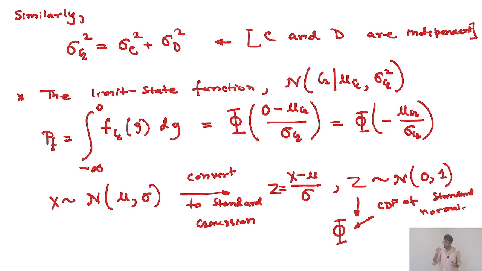Now here there is an important term that I can see, which is mu g by sigma g. That ratio is very important, and that ratio has a name. It is known as the reliability index, or to be more specific, Cornell's reliability index. There are other forms of reliability index. This is known as the Cornell's reliability index based on whoever developed it.